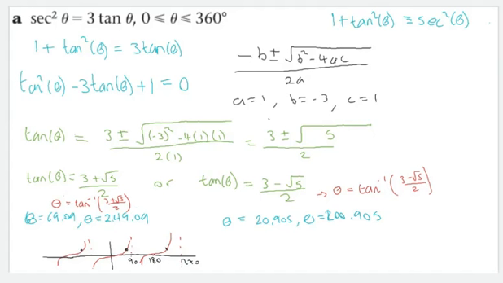Does that make sense? Yeah. So the 69.09, you just add 180 on, and that gives you 249.09. The 20.905, again, add 180, and you get your other solution of 200.905. Does that make sense, everyone? Yeah, thank you. Cool. That's the solutions to this equation.